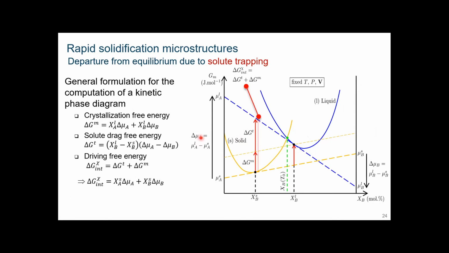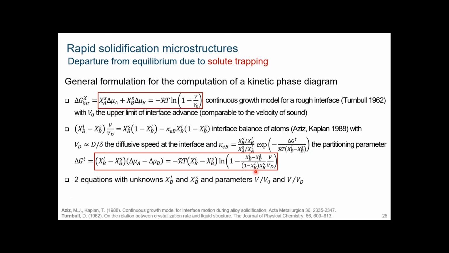I don't think I have time to go into the detail because I see time is going. But you have a liquid with this composition here, with this free energy, and you want to transform it into a solid with this free energy. So this is the driving free energy. And this driving free energy can be linked to the velocity using the continuous growth model by Turnbull in '62.